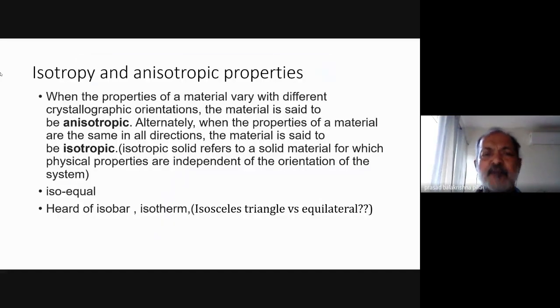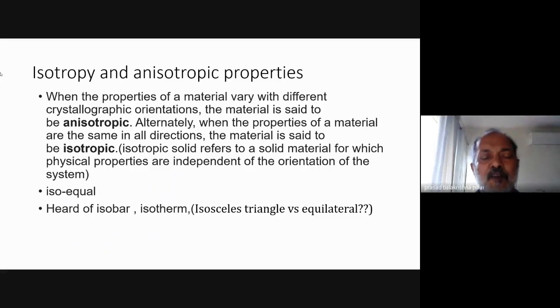Now, another important property is isotropic and anisotropic properties. Very important for crystalline material are the crystalline planes. There are different crystalline X, Y, Z axes, and there are various planes one can talk of when you take a three-dimensional picture.